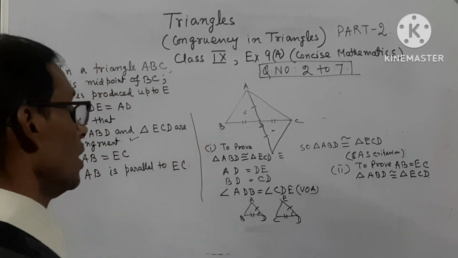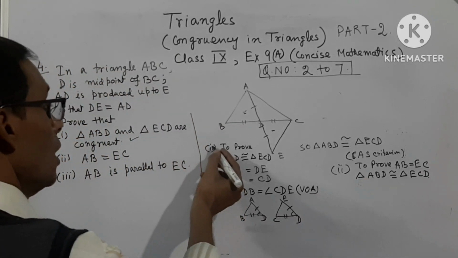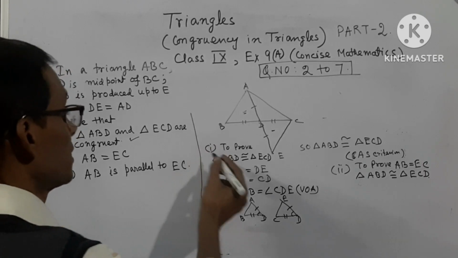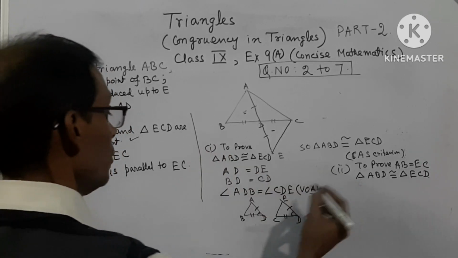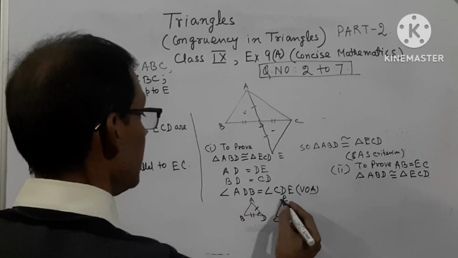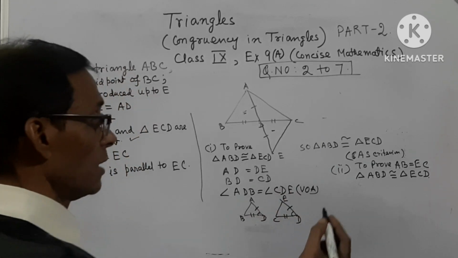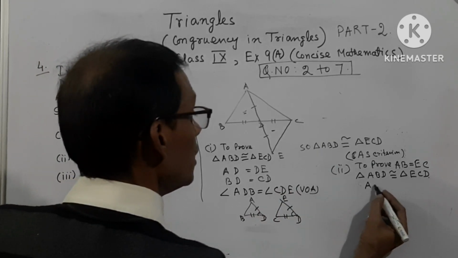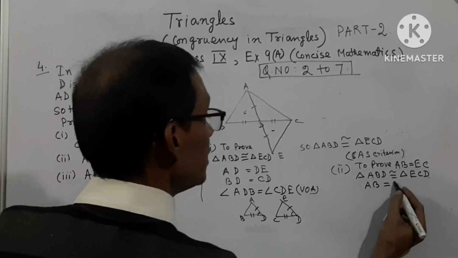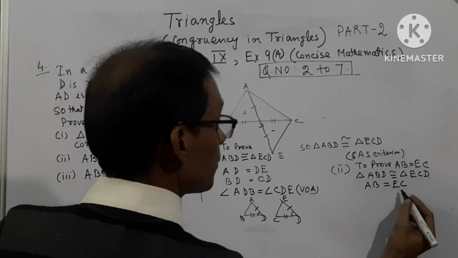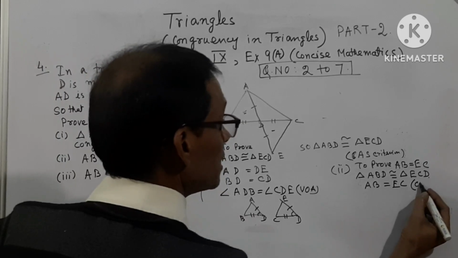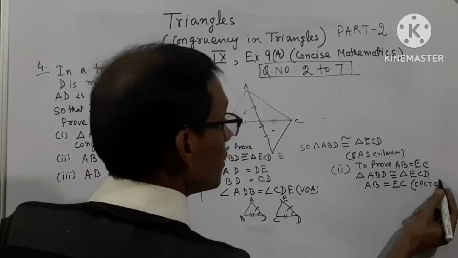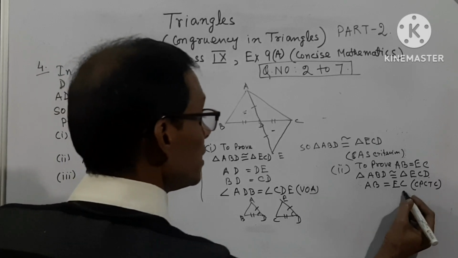You can write, we have proved in 1. In number 1 sum, we have proved this. So, AB and EC are corresponding parts. So, AB equal to EC, they are corresponding parts. So, I can write CPCTC. So, this is proved.